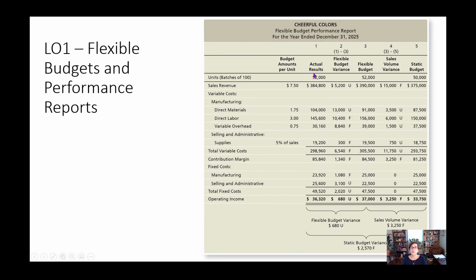Remember, the difference between actual results and flexible budget is our flexible budget variance. Notice these 2 are the same, because this flexible budget is based on actual quantity. So the actual quantity was 52,000. All right, so our actual results were 384,800 for our sales revenue. And our flexible budget was 390,000.